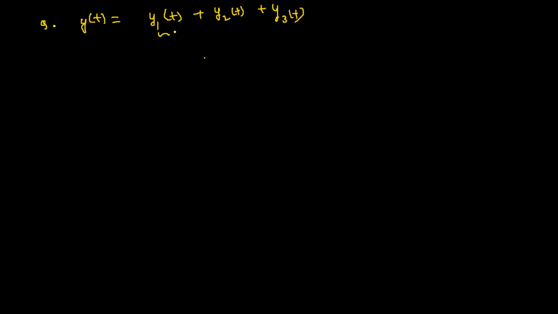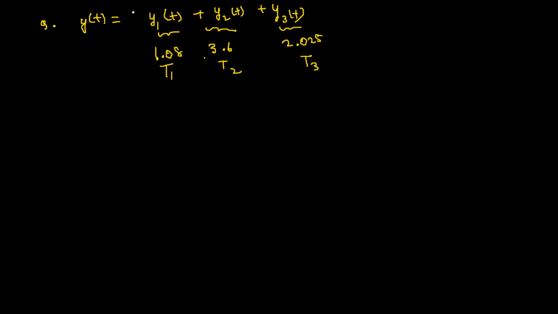So all three of these are periodic functions, and we are given the period of each of them as 1.08, 3.6, and 2.025. So to find the period of this function, let's take this as t1, this as t2, and this as t3.